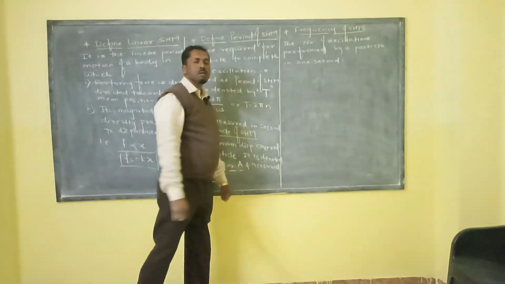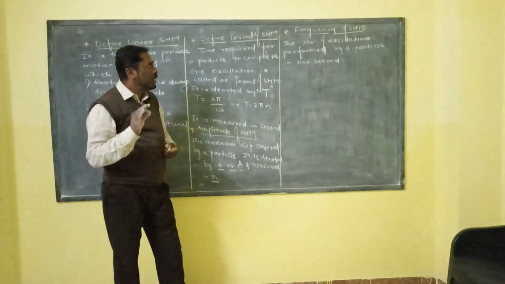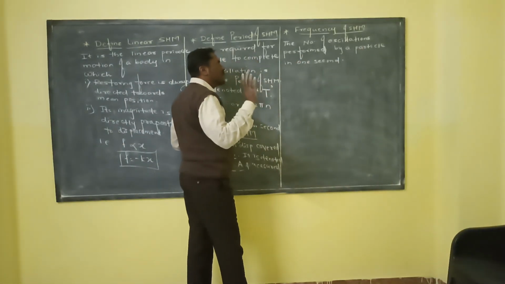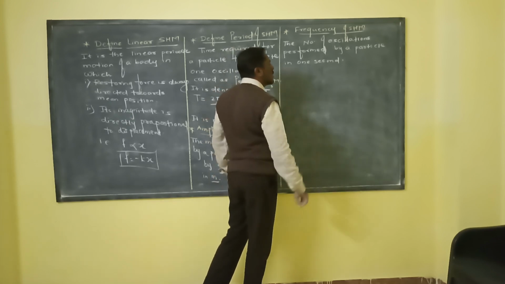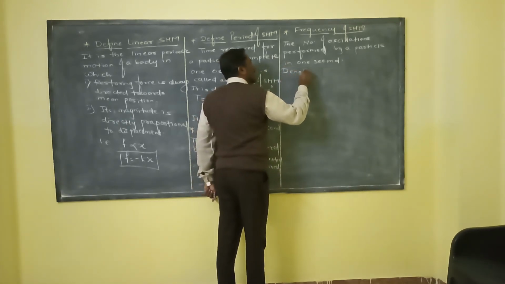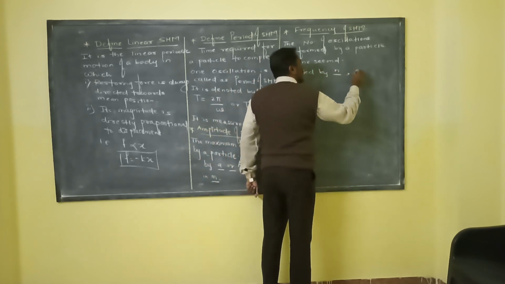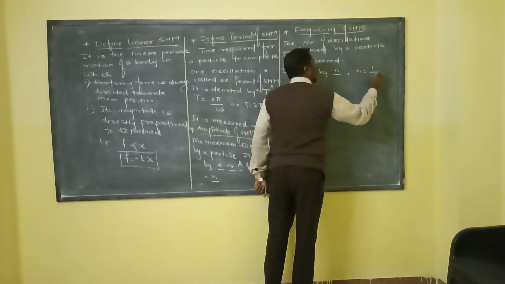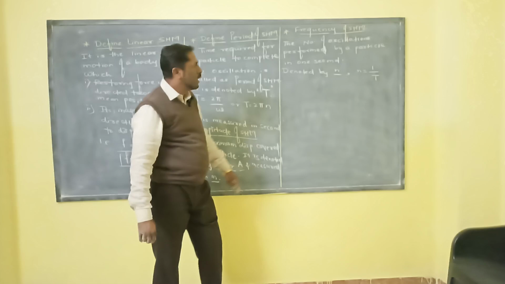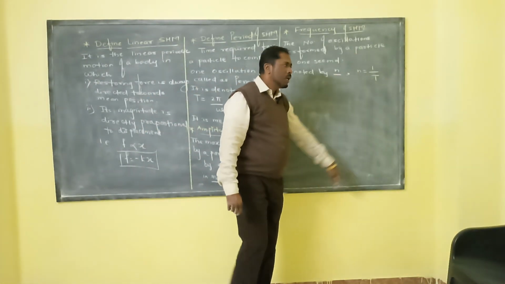It is denoted by n, written as n is equal to 1 upon T. The general formula for frequency is n is equal to 1 upon T, that is, the reciprocal of period.